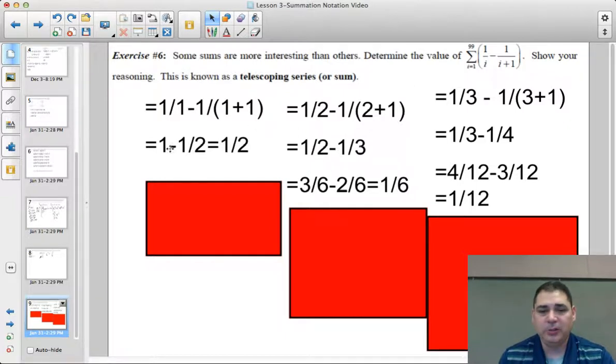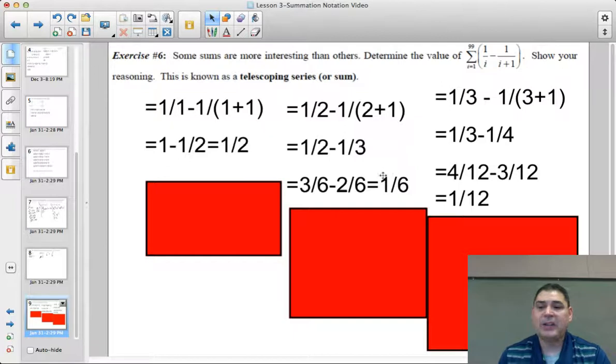But if you look at the pattern here, 1, negative 1/2. And because you're adding these all together, negative 1/2 plus 1/2 cancels out. Negative 1/3 and 1/3 cancels out. If you keep on going, there's a pattern.